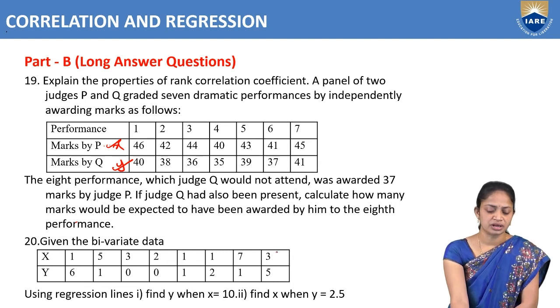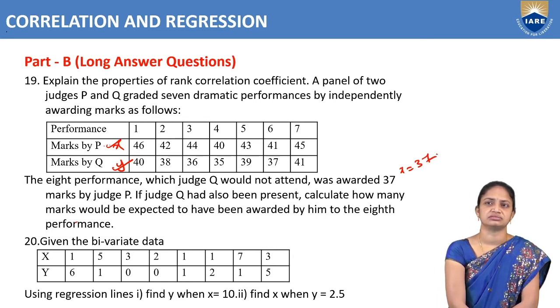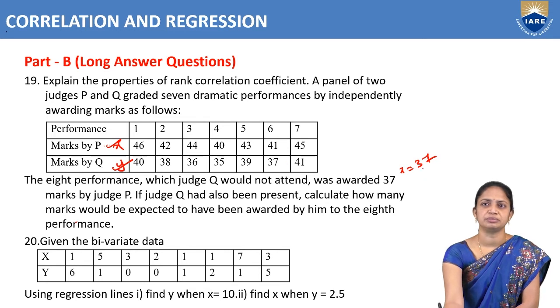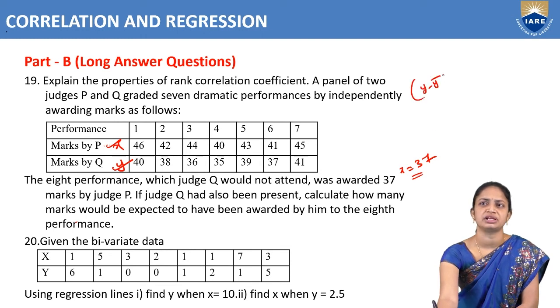Let us consider this is X, the marks given. Again the same procedure: we substitute the marks, the expected marks, using y minus y bar equal to byx into x minus x bar.